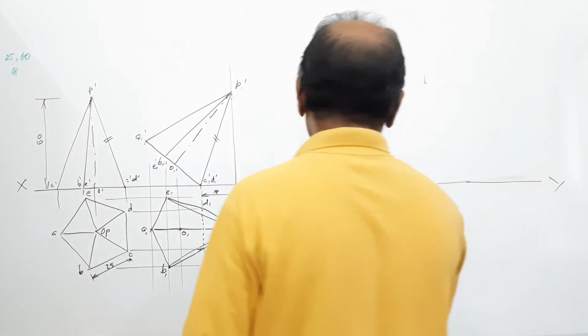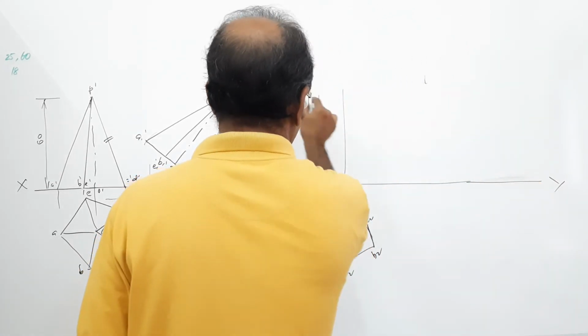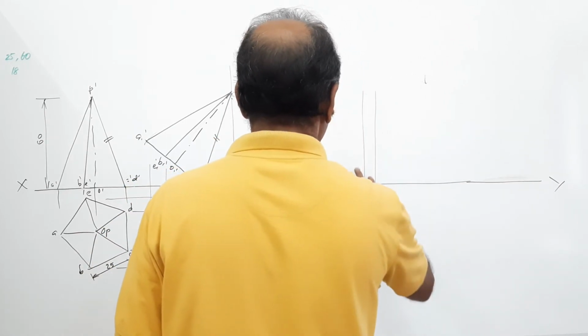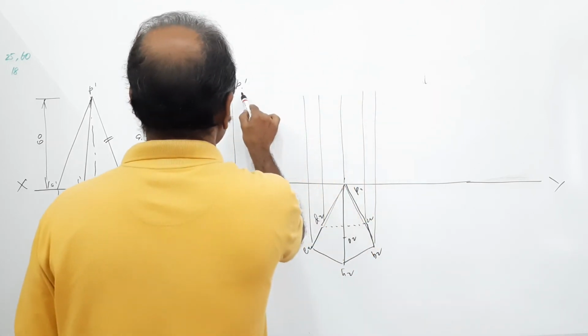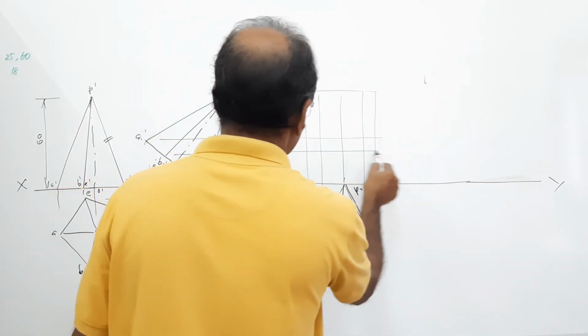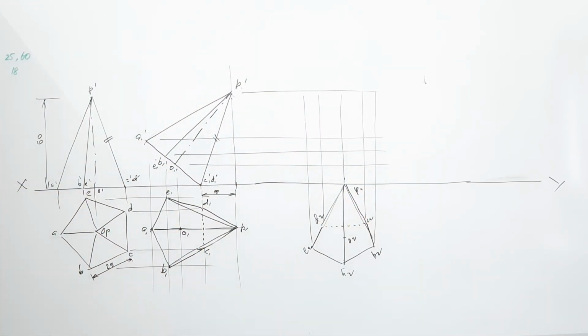Draw vertical projectors up. Draw horizontal projectors. Locate the points and connect.